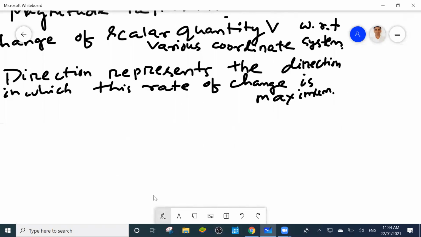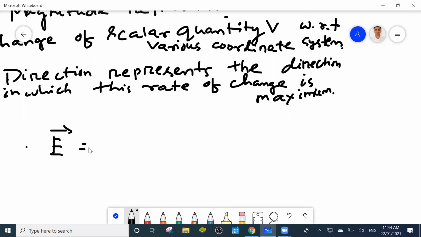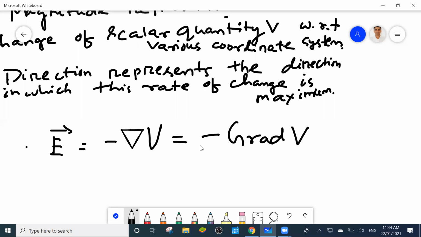Now, why are these required? Why am I discussing all these things? Because when we go for the electric field, E equals minus del V, the gradient of potential V. You can write this as minus grad of V. So from this, these are the derivative part.